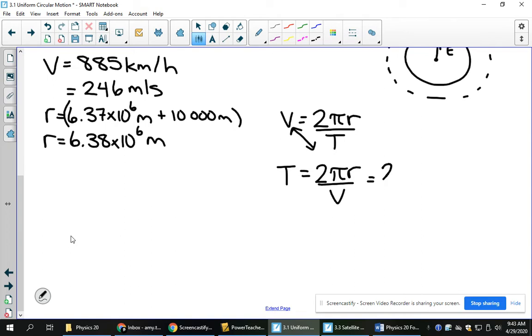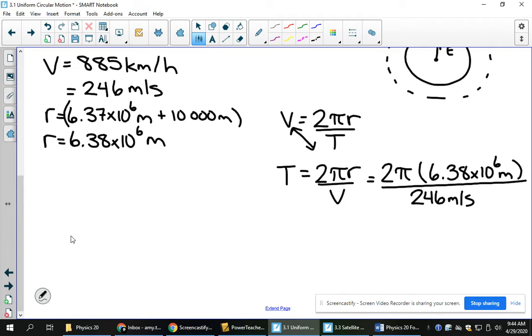So let's go ahead. 2 pi, radius was 6.38 times 10 to the 6. And velocity, even though I'm writing 246, I'm going to actually recalculate it, bring it back up to my calculator screen, and use all the decimals. So try plugging this one in.